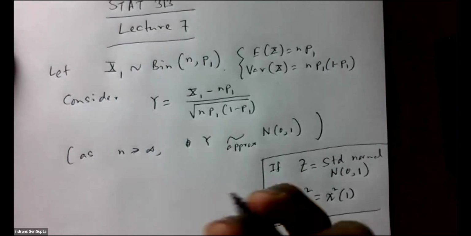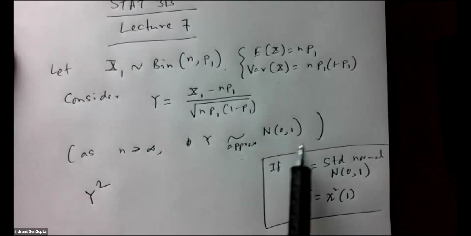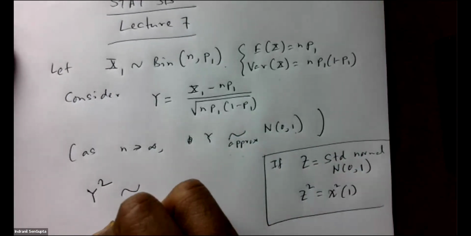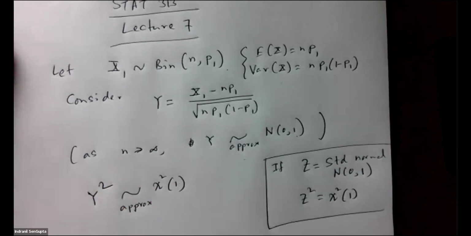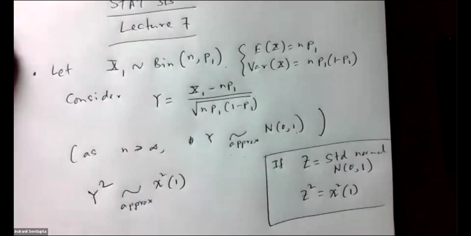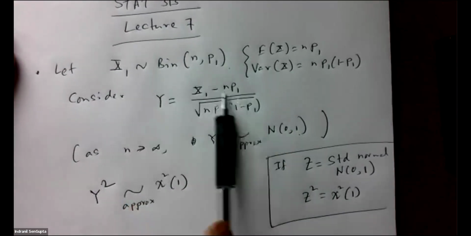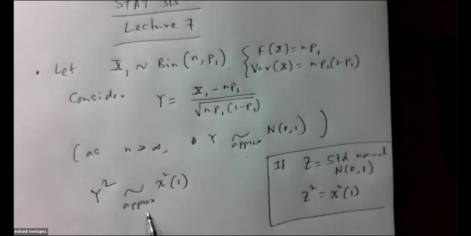Therefore, since y is approximately normal for n large, y squared would approximately be chi-squared with 1 degree of freedom. That's our first observation. So if x1 is binomial and we construct y in this way, then y squared is chi-squared.